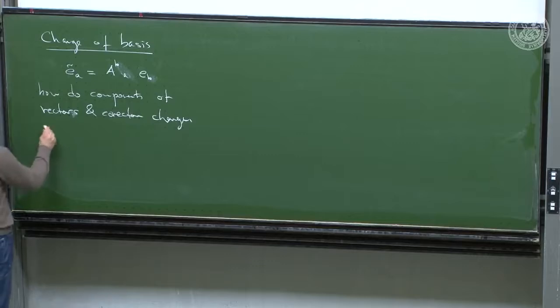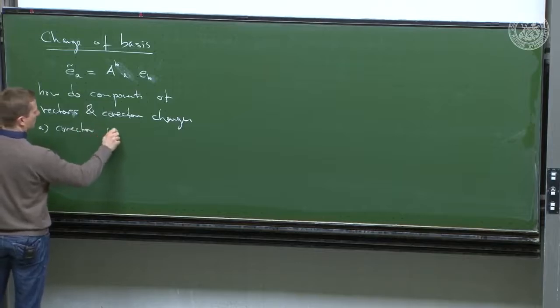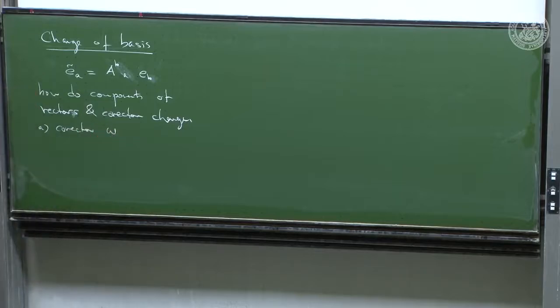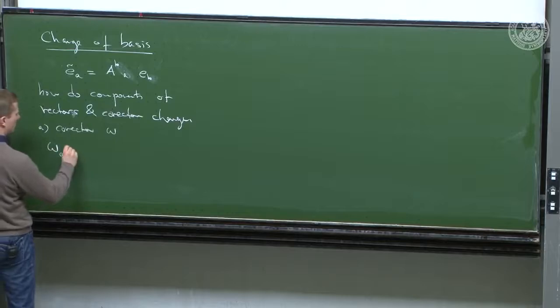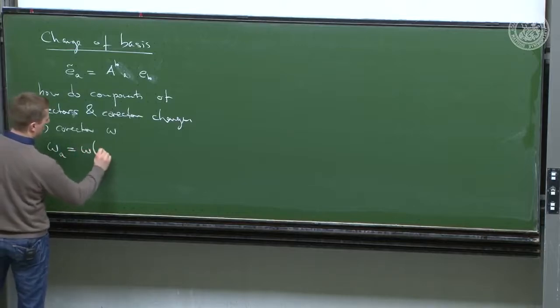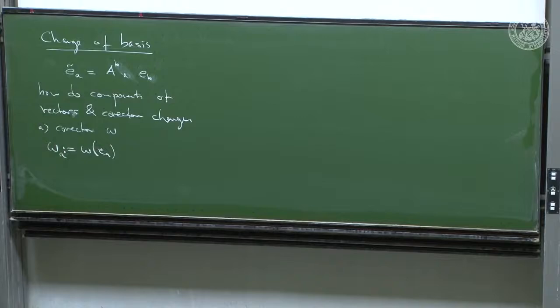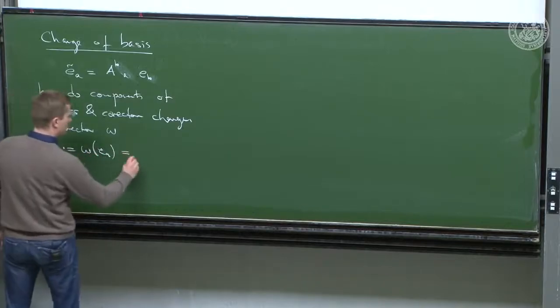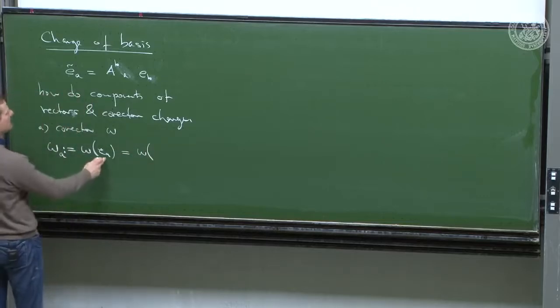So it's very simple. Say you have a covector omega. This covector omega has components omega_A, because you apply omega to E_A, and that defines the components. Choice of basis: the abstract object, you plug in the basis, you get the components. Now, under a change of basis, always write equal signs.